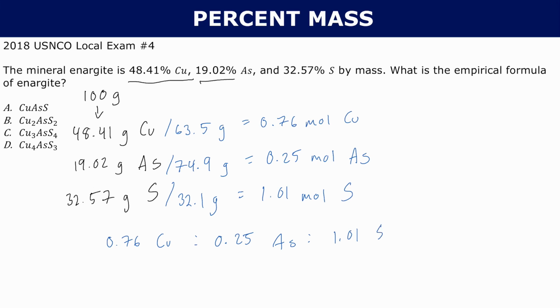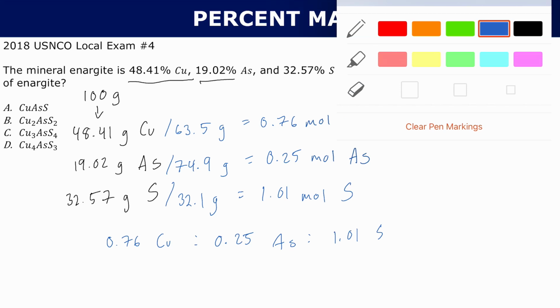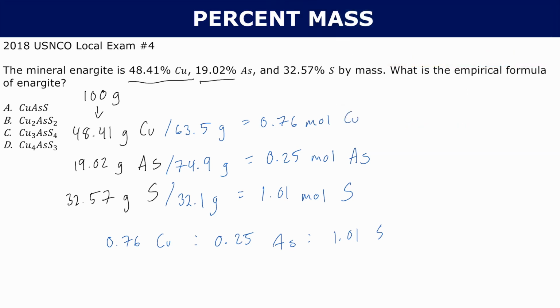But if you realize that not all of these are integers, and we are going to need integers if we're talking about a chemical formula. So how do we take these and turn them into integers? Well, the first thing that you want to do is divide all the numbers by the lowest number that we have here. And the lowest number is 0.25. So let's divide this entire ratio by 0.25. And when you do that, most of your problems go away.